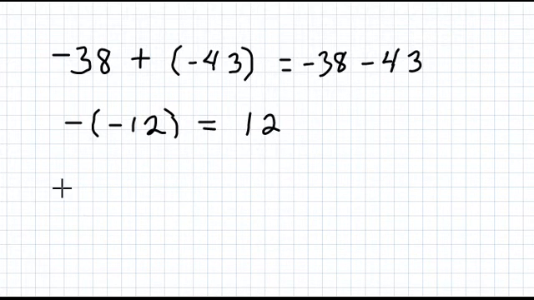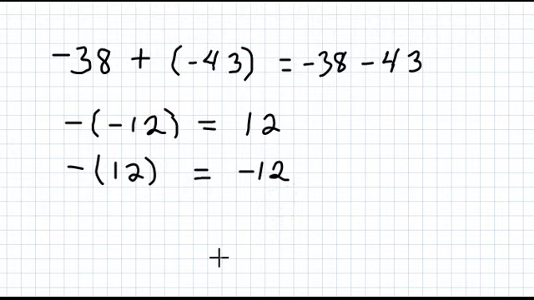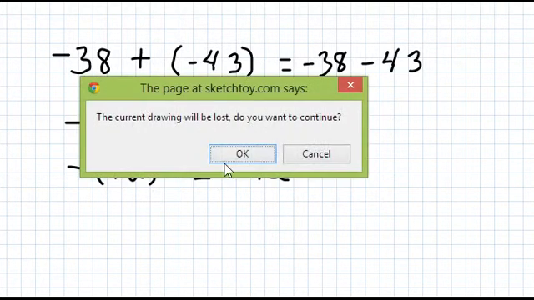A negative becomes positive. But remember, if this were negative and the inside is positive, now of course we don't put a plus sign for positive. So this is going to simplify down to negative 12.